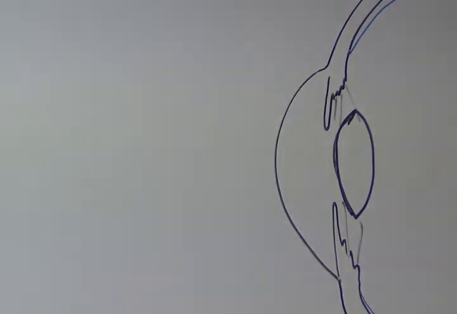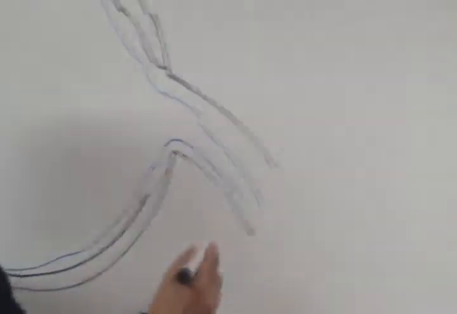Clear? So, this whole component is responsible for transmitting the visual stimulus to where? To the brain. Through the optic nerve, the chiasma, the radiations. Right?